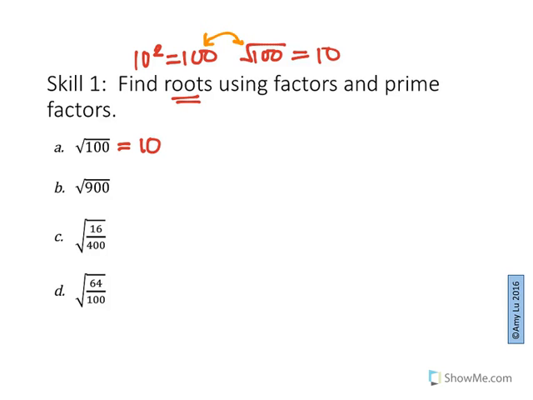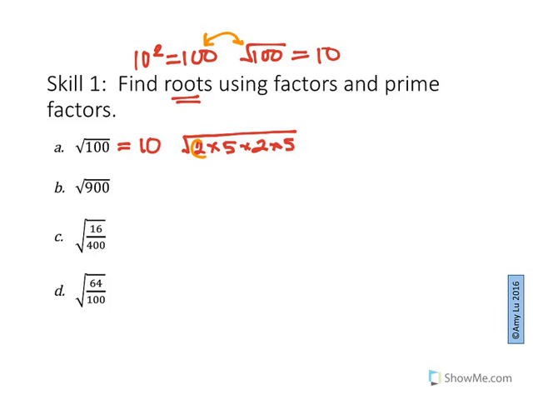But you can also break this apart so that you can figure it out. We can break this apart into its prime factors: 2 times 5 and 2 times 5, because 2 times 5 and 2 times 5 make 10 times 10.